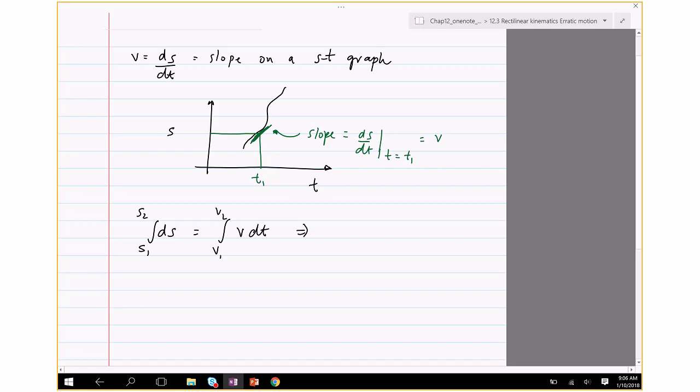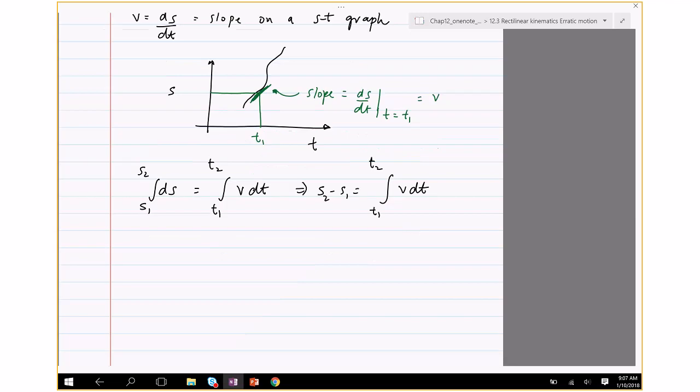It's simply s2 minus s1. However, I'll keep the integral in place because unless I know a function for v, I cannot evaluate this integral. It turns out that v dt is the area under the v-t plot.